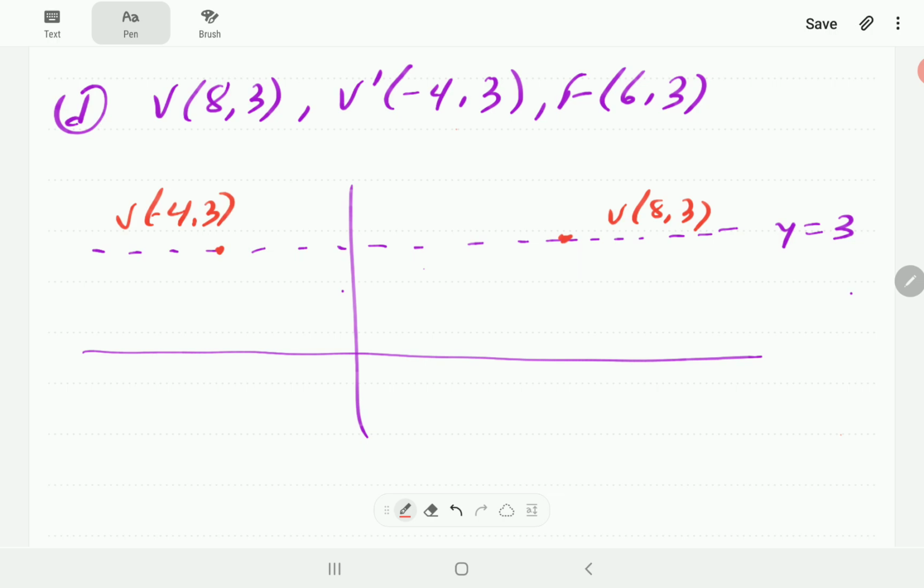The midpoint of these two must be the center. If we add 8 and minus 4, we get 4, divided by 2. So the center is going to be at 2, 3.